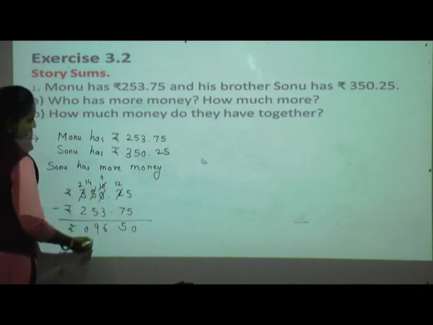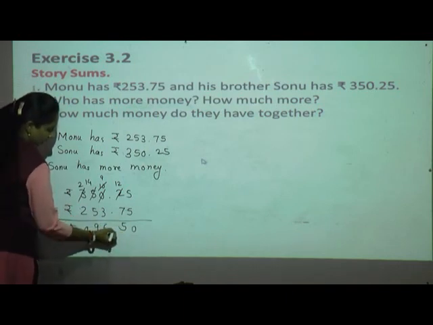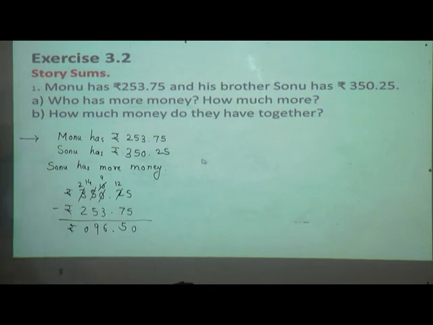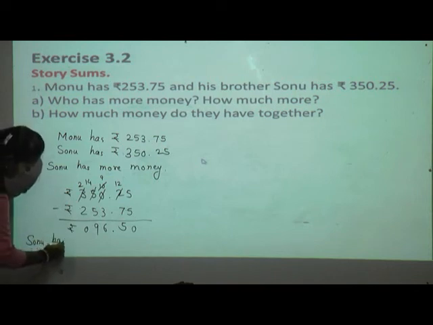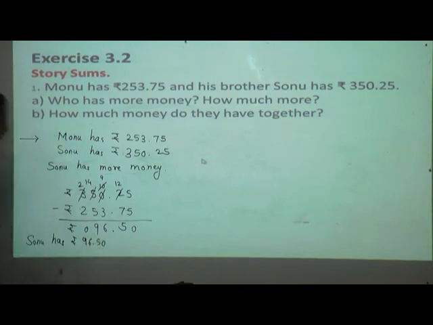This is rupees, and we have to put the decimal point from the right side after 2 places. So how much more money is he having? Who is having more money? Of course Sonu. So here you have to write: Sonu has rupees 96.50 paisa more.